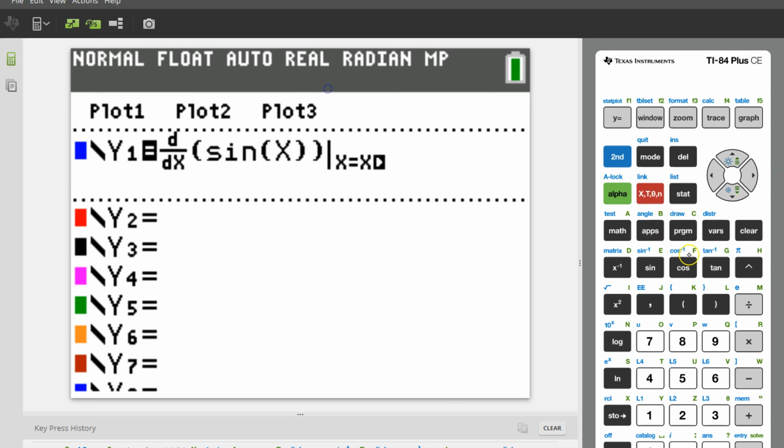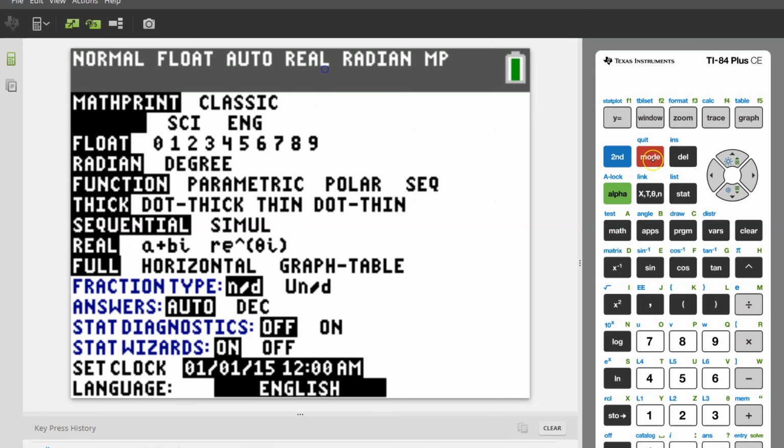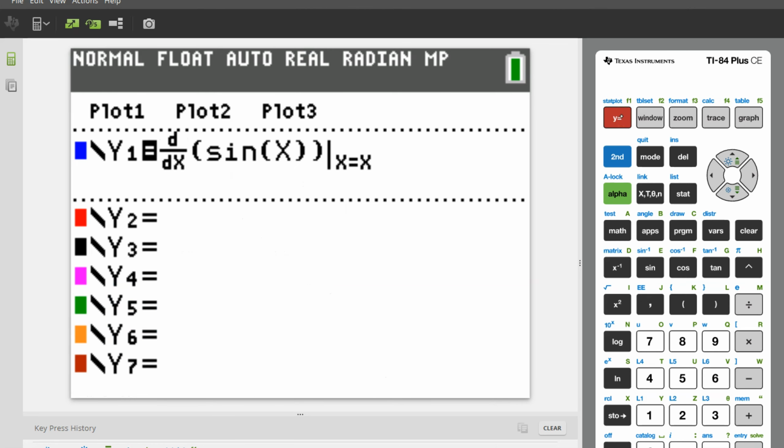Before I graph this, let me make sure I'm in the right mode. I should be in radian mode anytime I'm using trig functions. So I'm going to click on mode, and do you see how radian is highlighted in black here? That means that I am in radian mode, so I'm good to go. I can press enter to make sure that it stays on radian mode. Now I'm going to go back to Y equals, and we're ready to graph this thing.